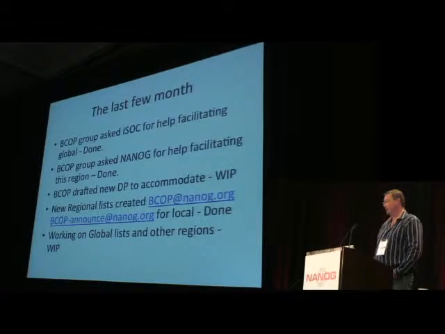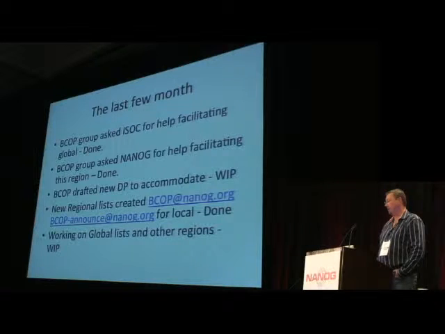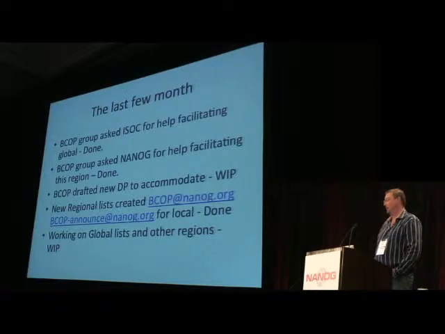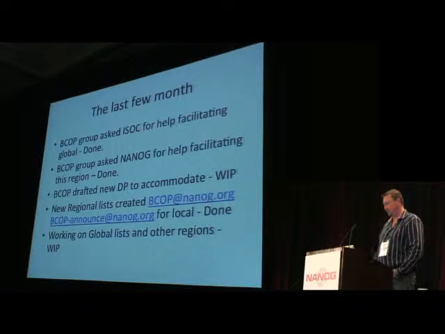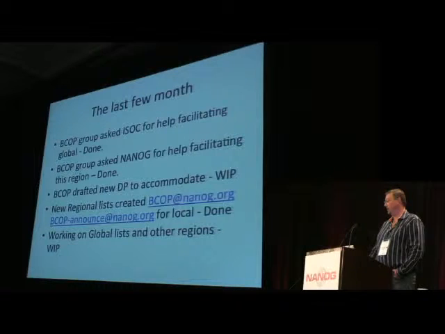And we're working on creating some global lists for a few different purposes. One for work on the actual process itself, one of course for actual discussion, and probably a similar announce list as that development process comes to be ratified and final.